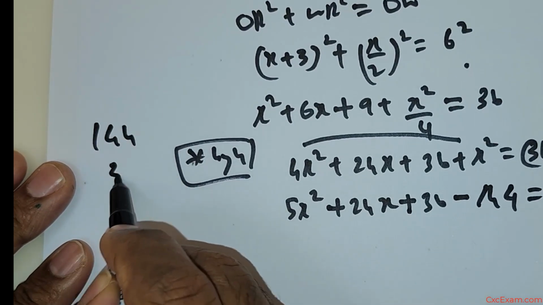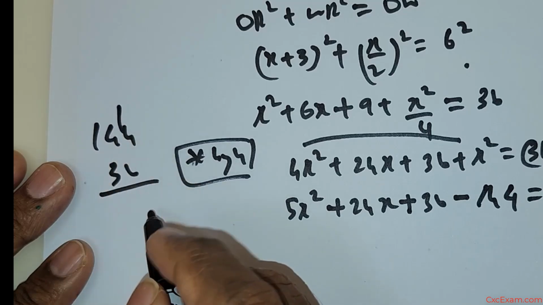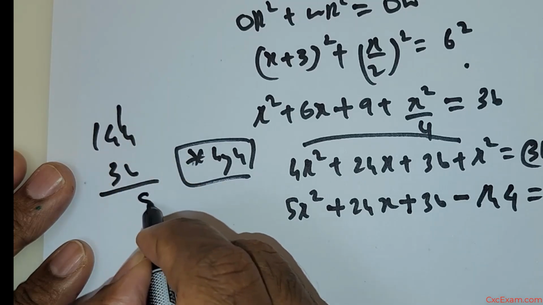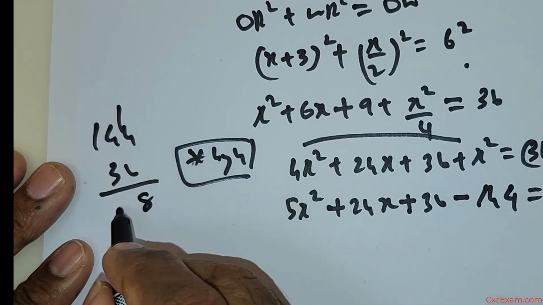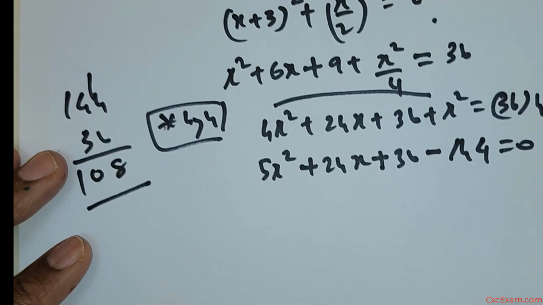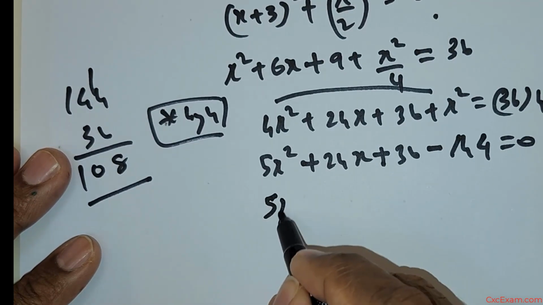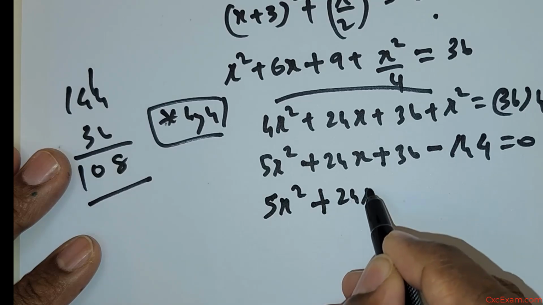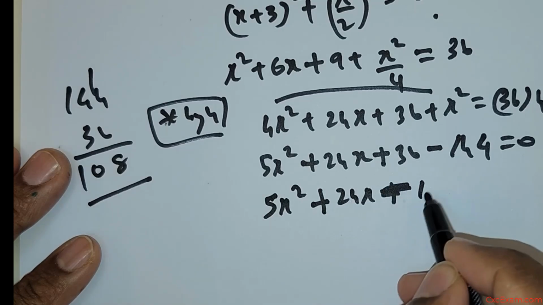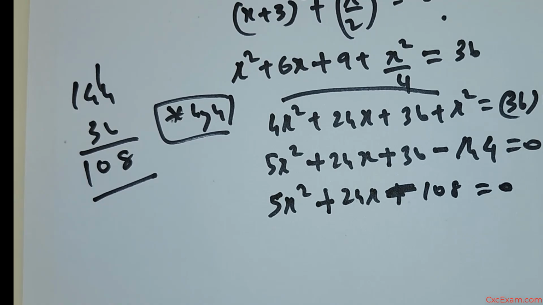So from 144 we take away 36, you get 108. So we got 5x squared plus 24x minus 108 is equal to 0.